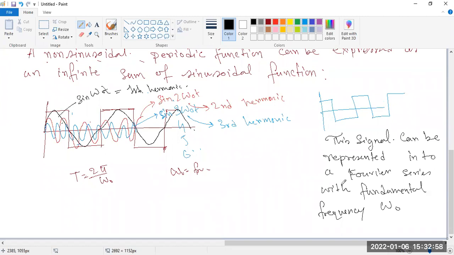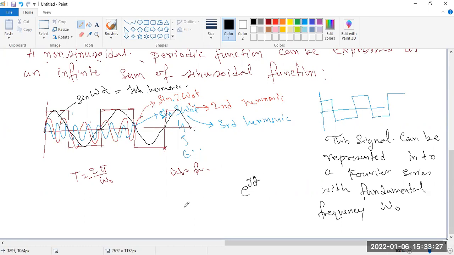In the trigonometric expression, you can directly find the sine and cosine terms: a0, summation of then a1 cos omega 0 t, b1 sine omega 0 t, in this way. And the other is the complex exponential, meaning e to the power j theta.